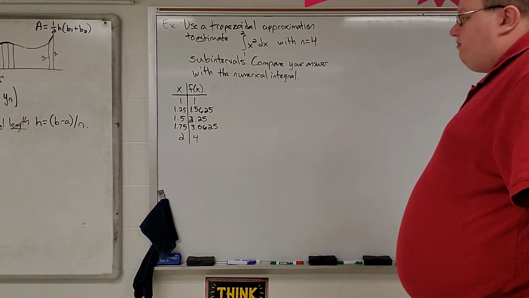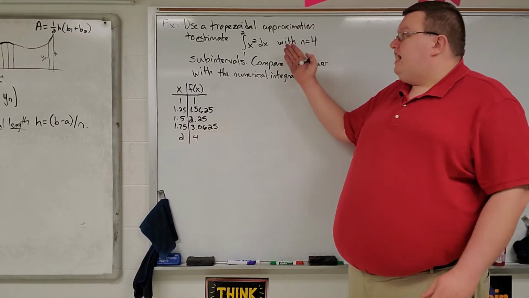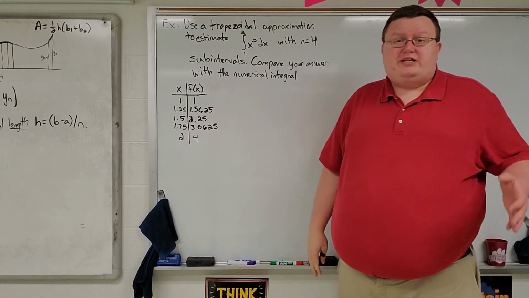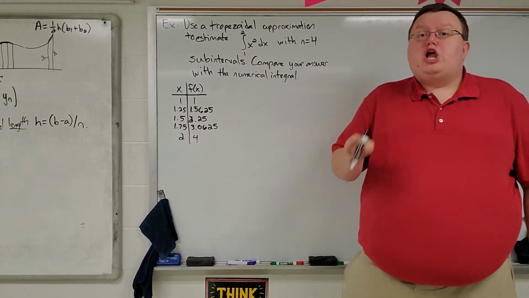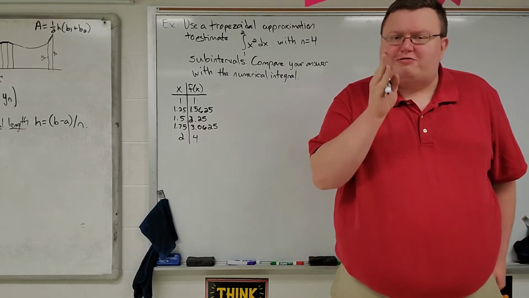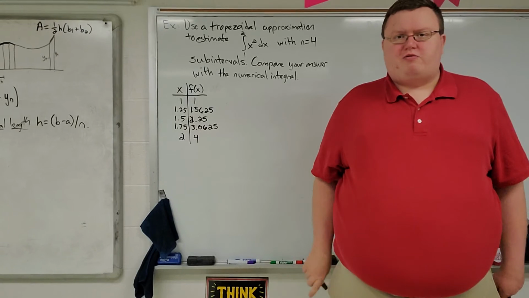These are all of equal width because we made them that way. If you're just given an integral and asked to approximate it with so many subintervals, you on purpose want to make them of equal length because it makes your life easier, since you can use the shortcut with the formula.